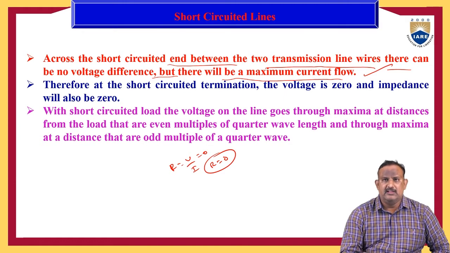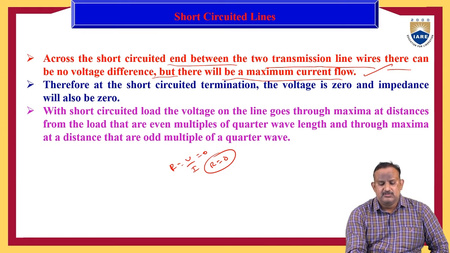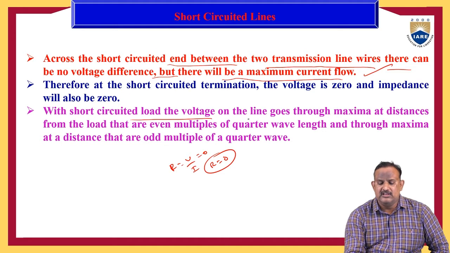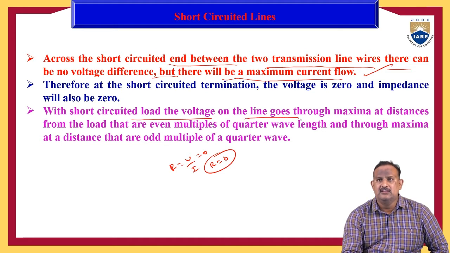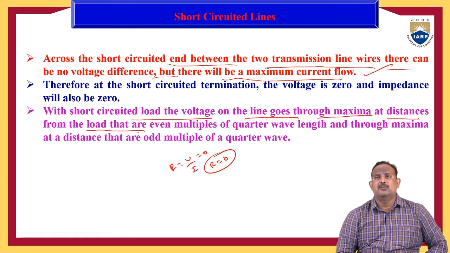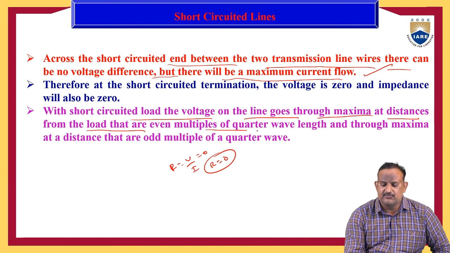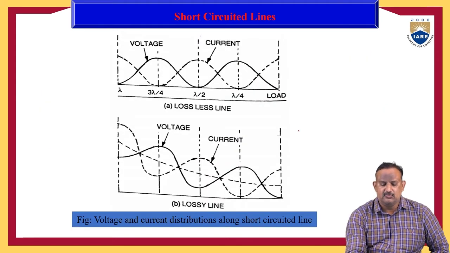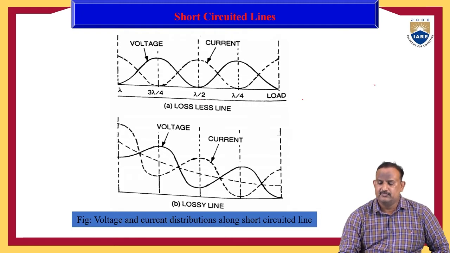Here I repeat once again. With a short circuited load, the voltage on the line goes through minima at distances from the load that are even multiples of quarter wavelength: lambda by 2, 2 lambda by 2, 3 lambda by 2, like that.